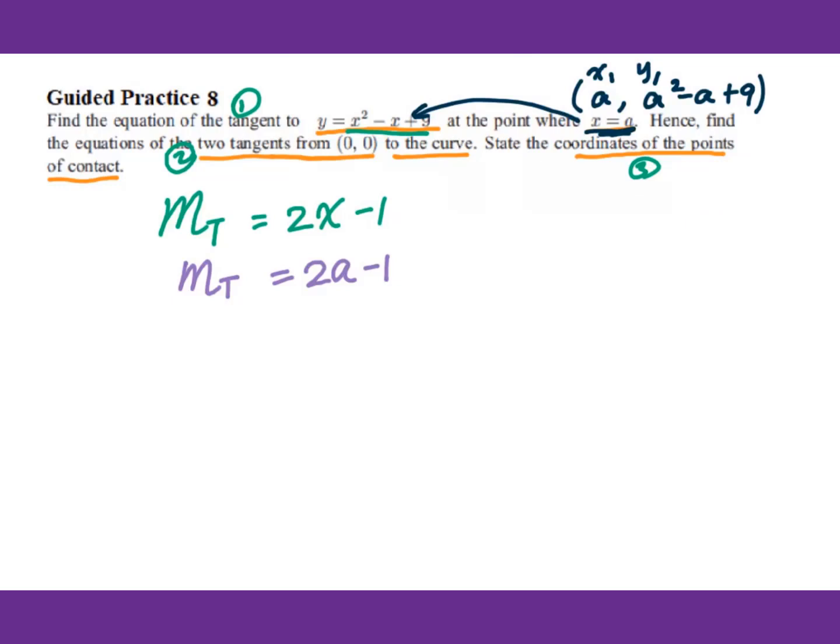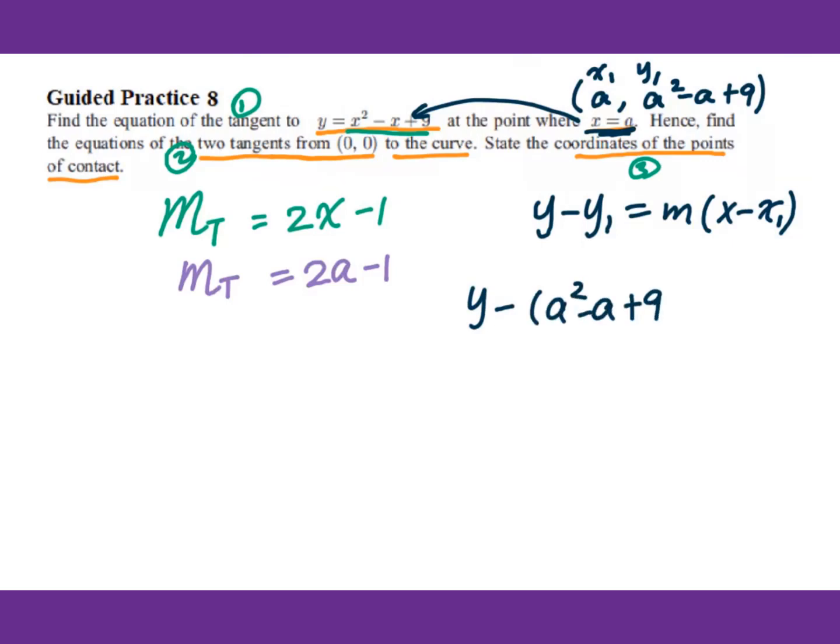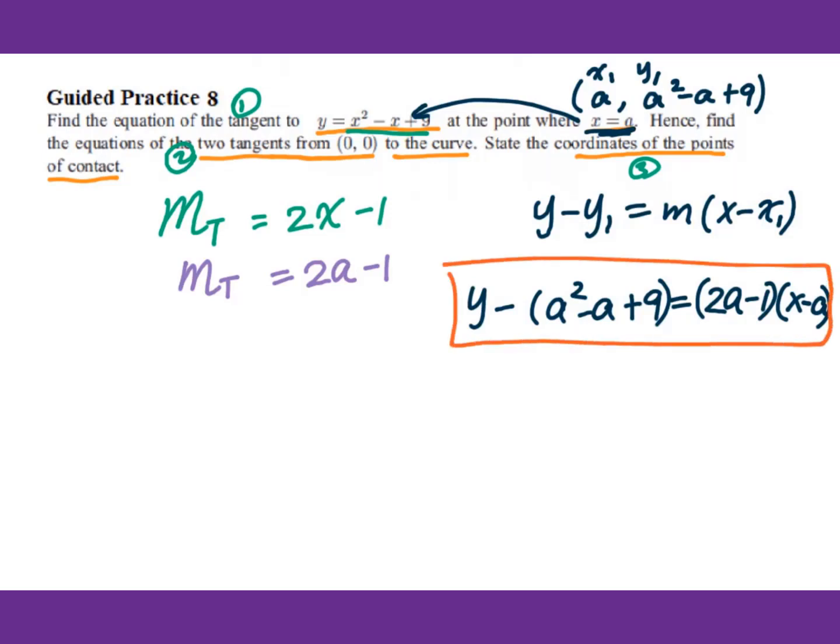Then we use y minus y1 equals slope times x minus x1. You will get y minus (a squared minus a plus 9) equals (2a minus 1) times (x minus a). So this is the general form for any tangent line when x equals a.